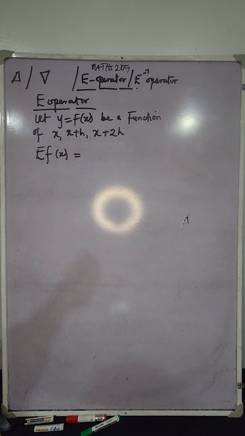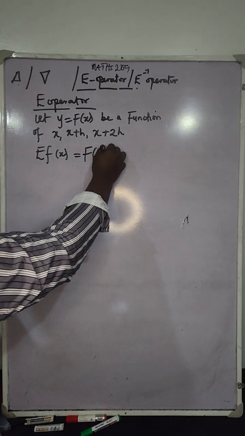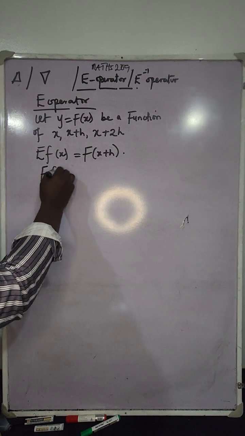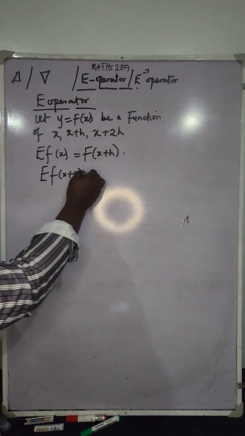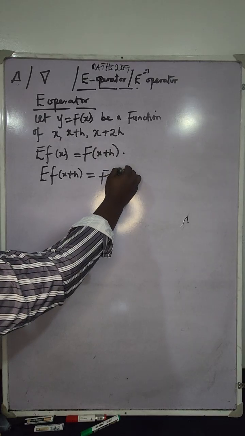So E of f of x plus h is f of x plus 2h.